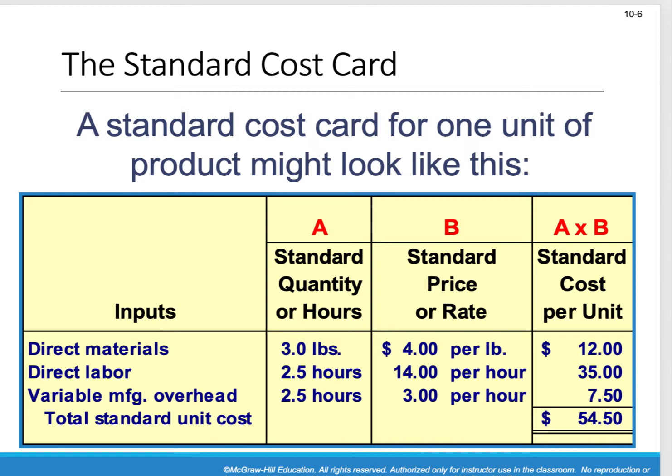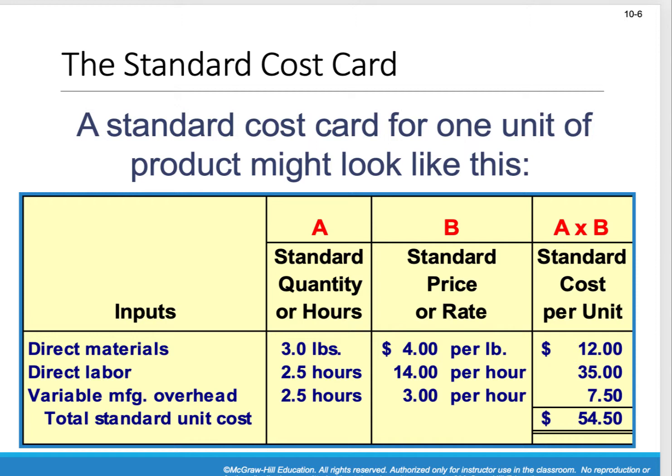Okay. Here's the good news: if you can learn how to calculate standard quantity and standard price, you can just as easily calculate the total cost for labor, standard hours, and standard rate. As you're going to see, we're going to use different names, okay?